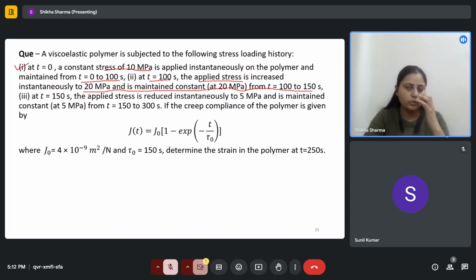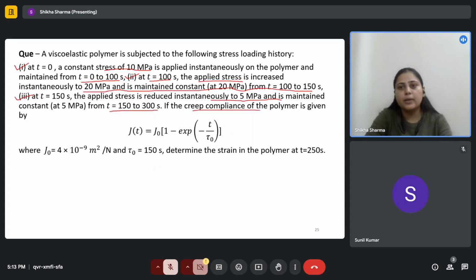In the third part, at 150 seconds the stress is reduced instantaneously to 5 megapascal, and from 150 to 300 seconds, 5 megapascal is applied.